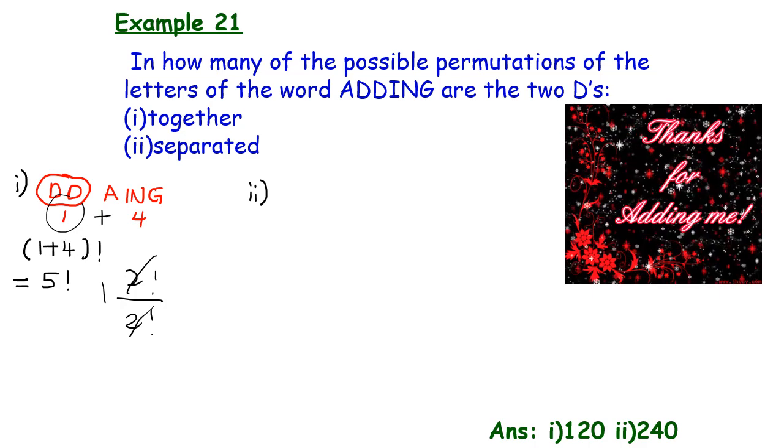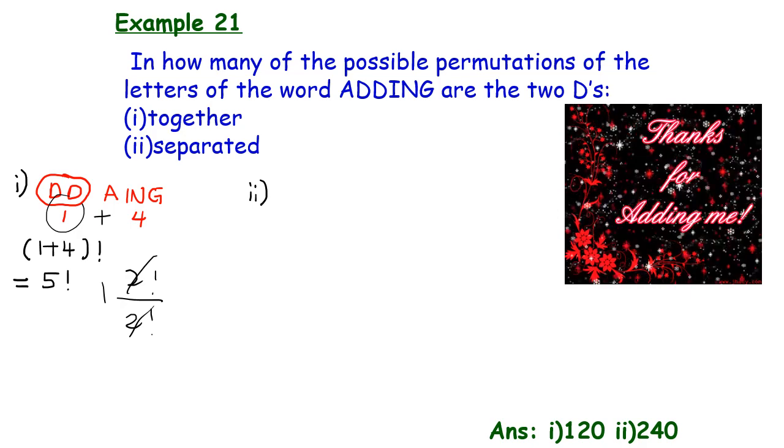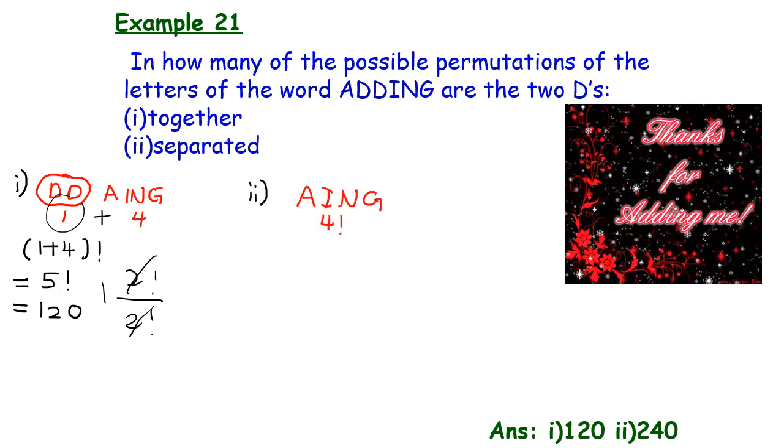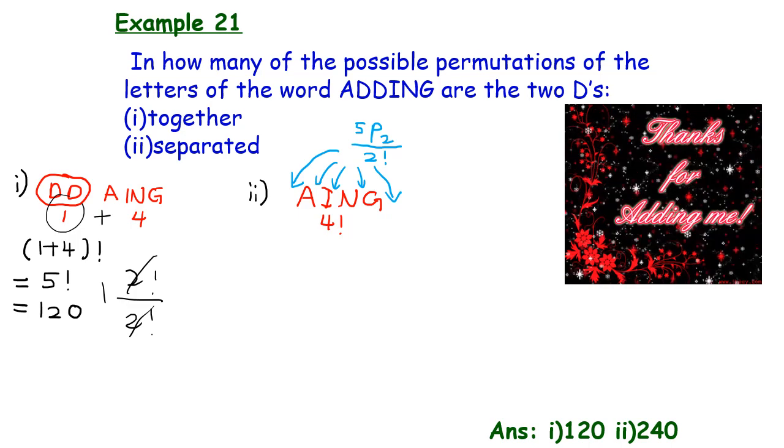Right, next for the second question, separated. Remember the previous example they already discussed in the previous lecture. For these cases, we have to list out the remaining letters. Apart from the D's, we have 4 letters, which we can rearrange, so we have 4 factorial.